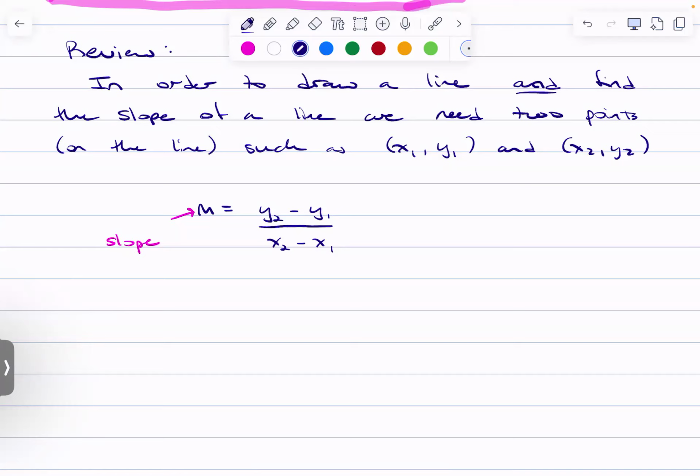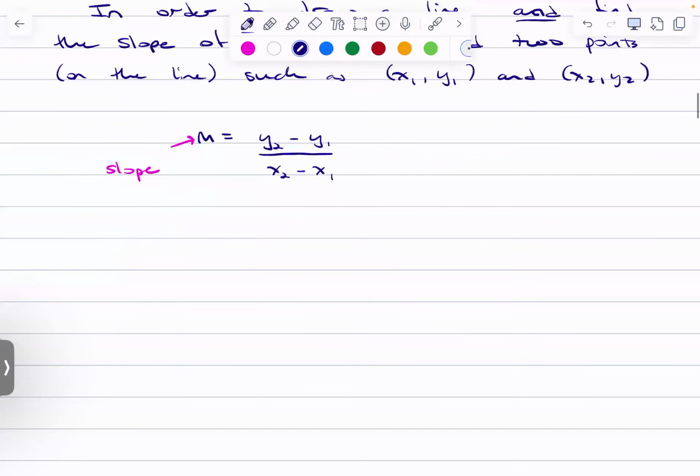We talked about some special cases. Like a vertical line doesn't have a slope. It's undefined. And a horizontal line has a slope of 0. So I'll jot those down. A vertical line looks like, oops, sorry, this. A vertical line like this does not have a slope.